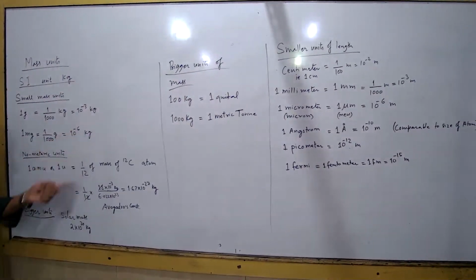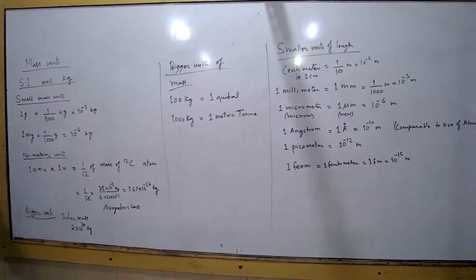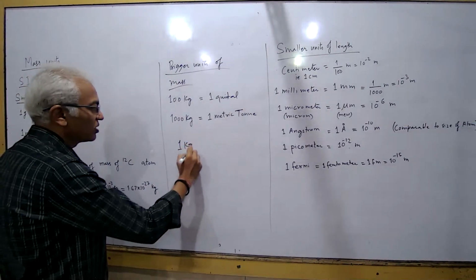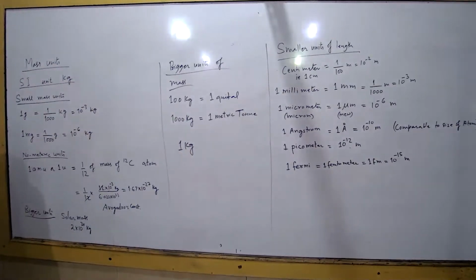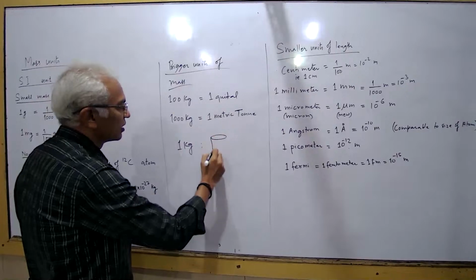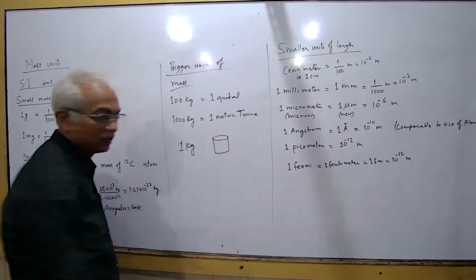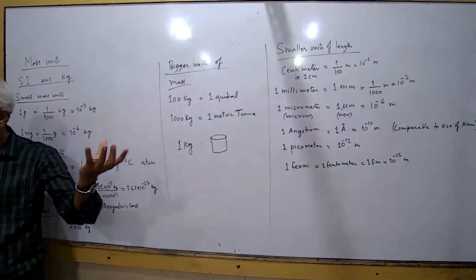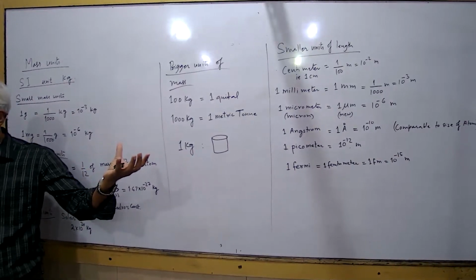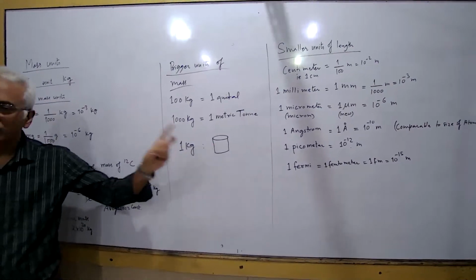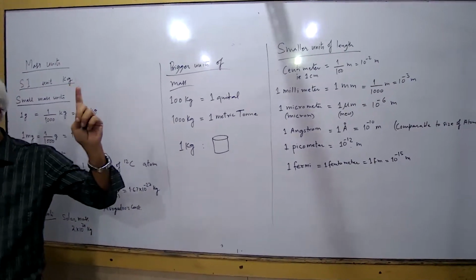So everything we have compared with kg, but what is 1 kilogram? Nobody asked me. We have to know how much mass is 1 kilogram. So this is a reference mass kept at Paris, from 1889, a cylinder of metal, a platinum iridium cylinder, like a rod. That mass is accepted as 1 kilogram.